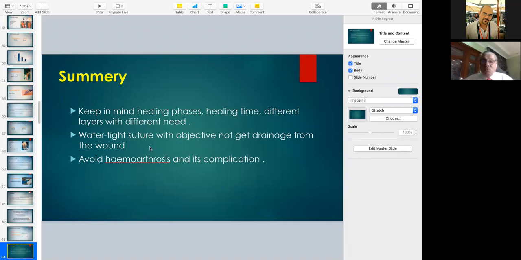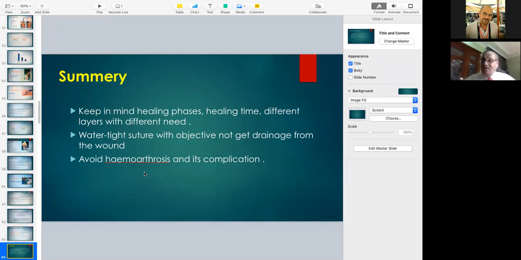Watertight suture has the objective of not getting drainage from the wound. This is the goal: no drainage from the wound. Whatever you do intraoperatively regarding the suture and tranexamic acid, and postoperative management with a moderate dressing, the aim is not getting drainage from the wound. We will talk in detail in the second part of our lecture.